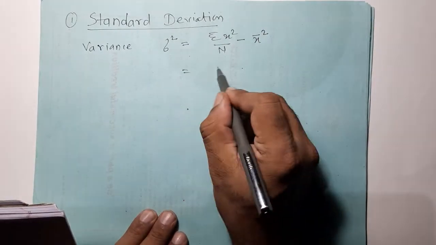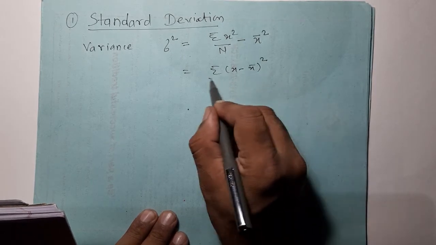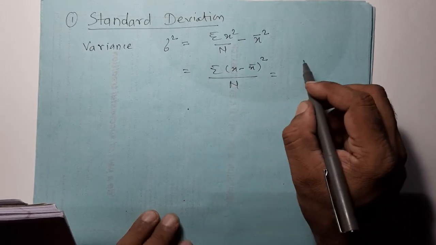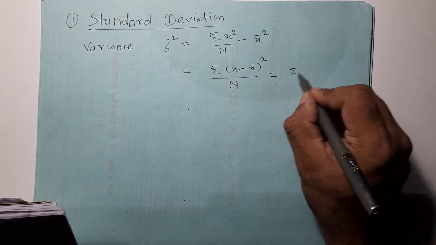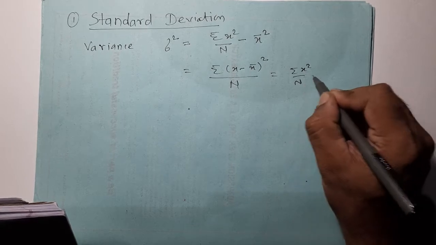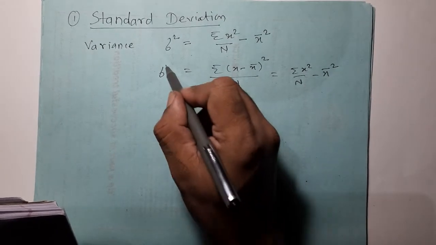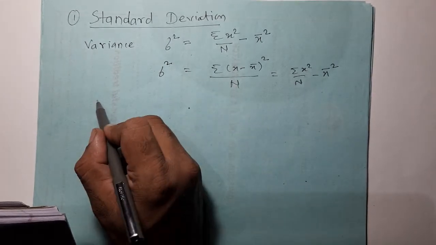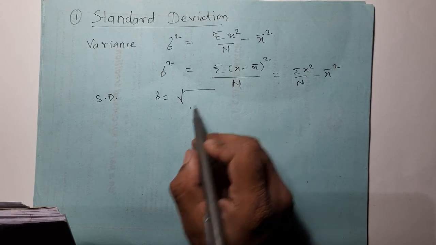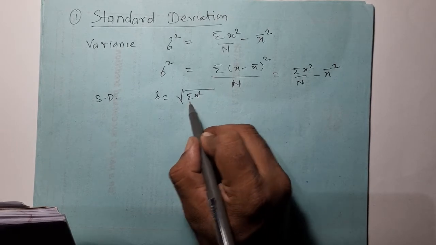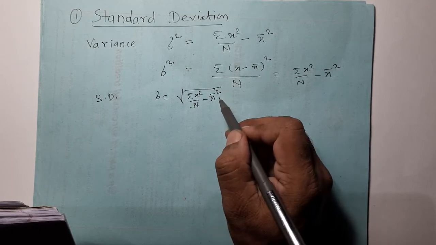Actually, it is written as sigma of (x minus x bar) whole square by n, and after all simplification we can prove that it is equal to sigma x square by n minus x bar square. For discrete frequency distribution, standard deviation is written as sigma equal to root of sigma x square by n minus x bar square, and you are familiar with x bar.